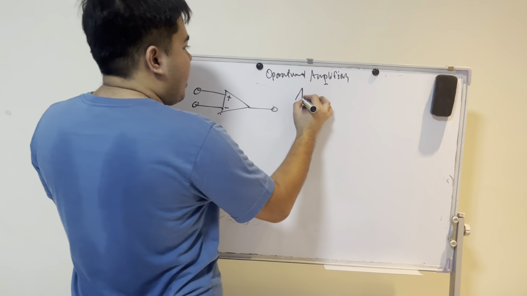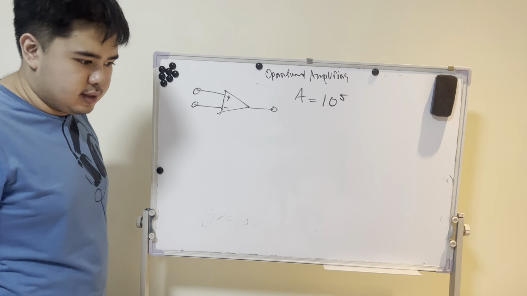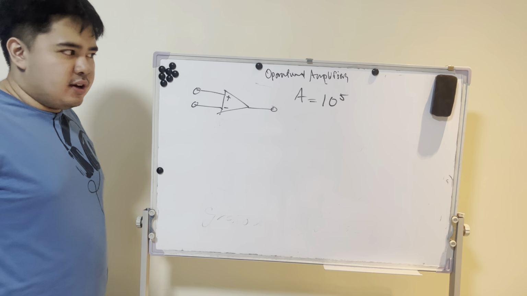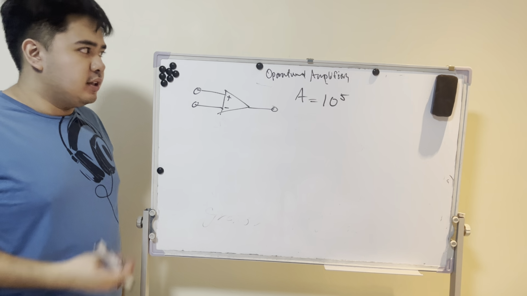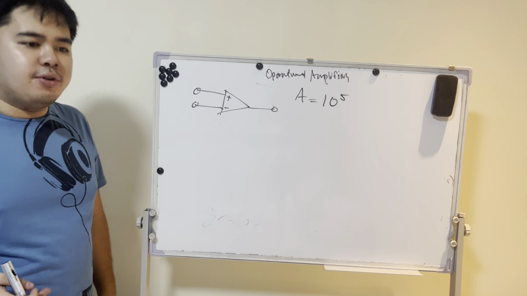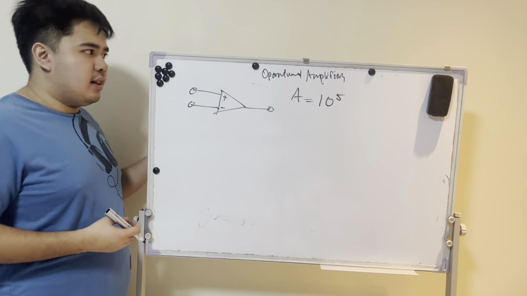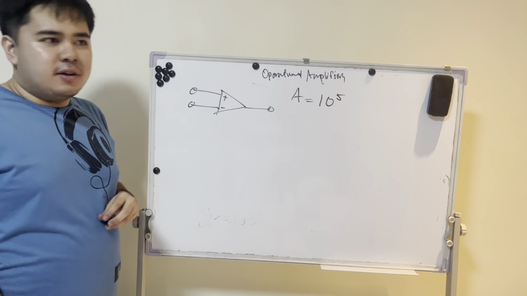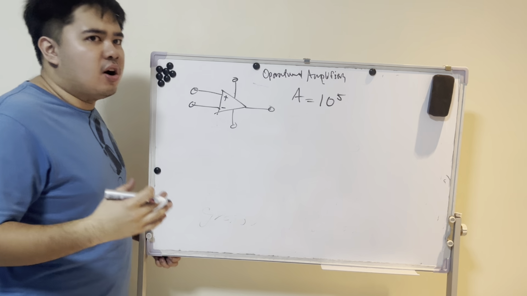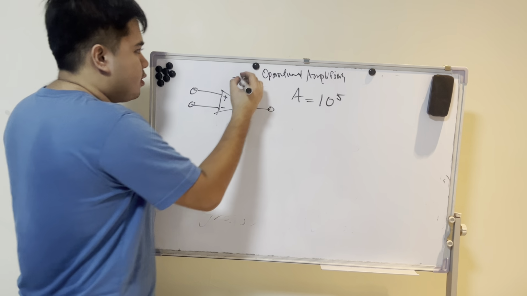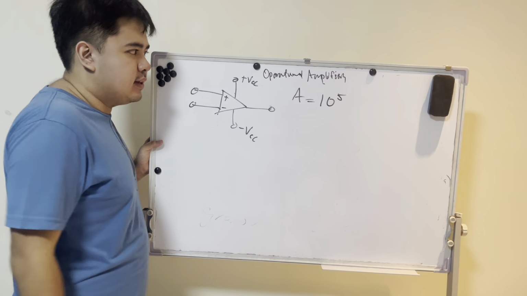Usually op amps only have a gain of up to 10 to the power of 5, or 100,000. So that's still a lot. If you had like 1 volt of differential input, that would mean 100 kilovolts of differential output. That's why we have the supply rails. Because where else would the op amp get its power from? So that's why we have supply rails. This powers the op amp.